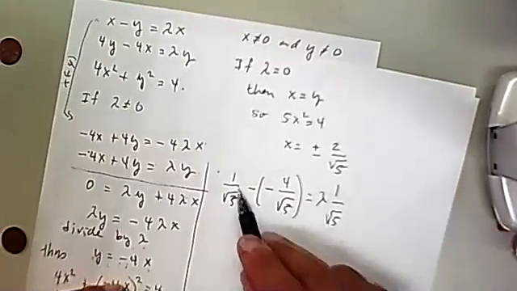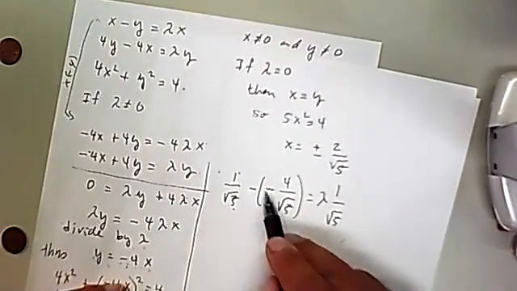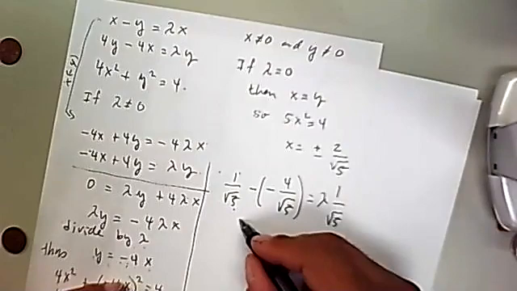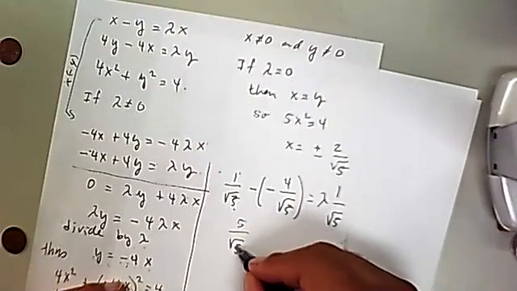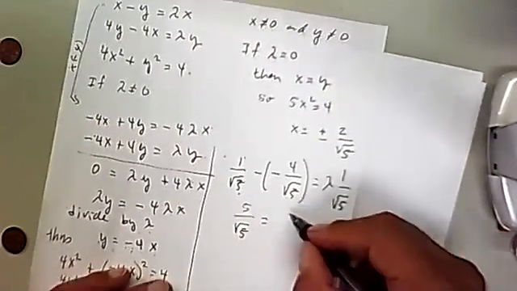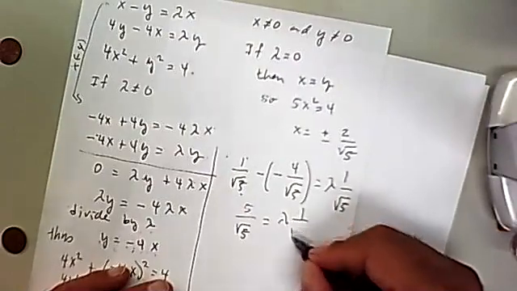Okay, so that is 1 of those plus 4 of the same, that's 5 over the square root of 5 equals lambda times 1 over the square root of 5.